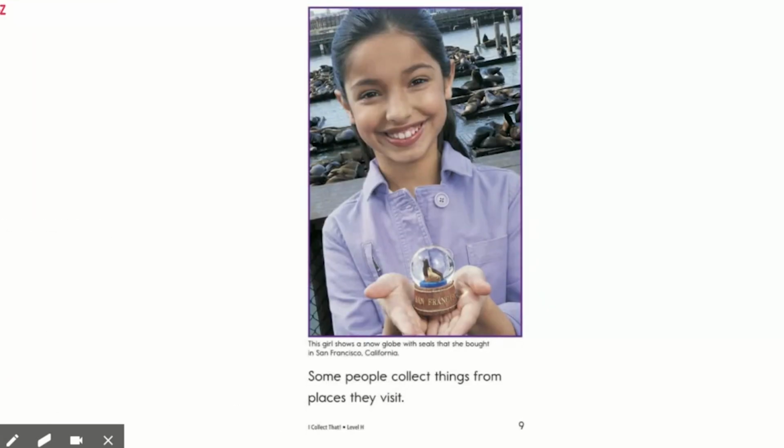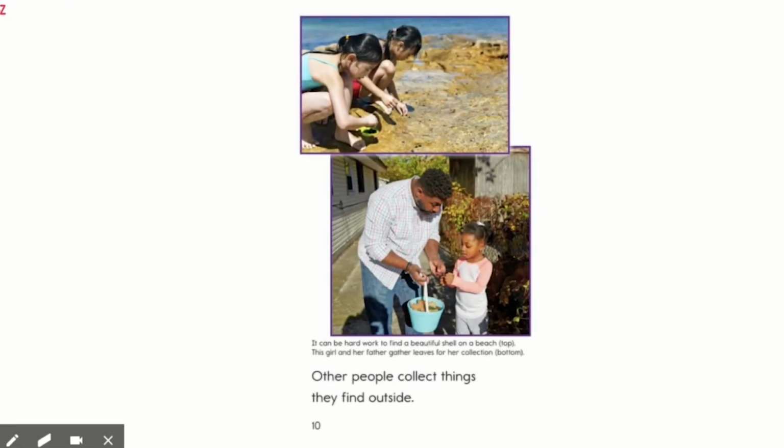Some people collect things from places they visit. The caption reads, "This girl shows a snow globe with seals that she bought in San Francisco, California." Other people collect things they find outside. There are 2 photographs on this page.